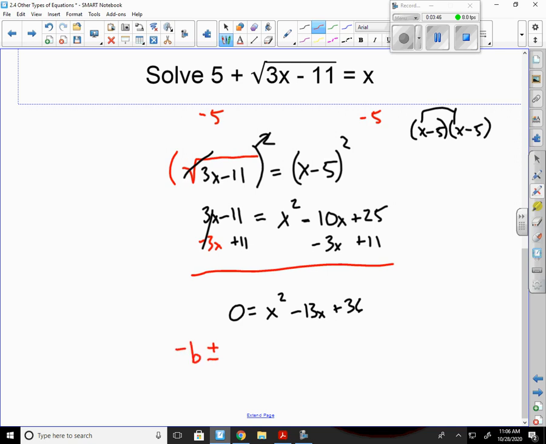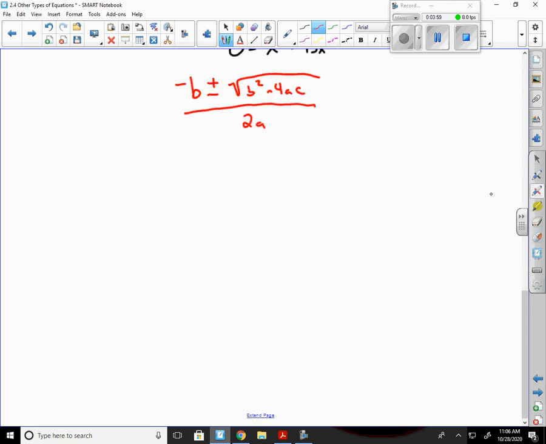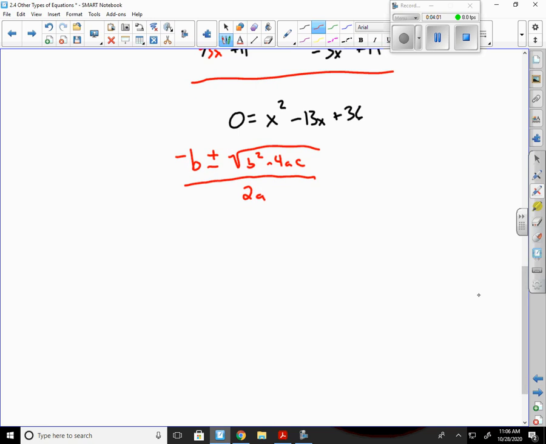Negative b plus or minus the square root of b squared minus 4ac, all over 2a. Now let's solve this.